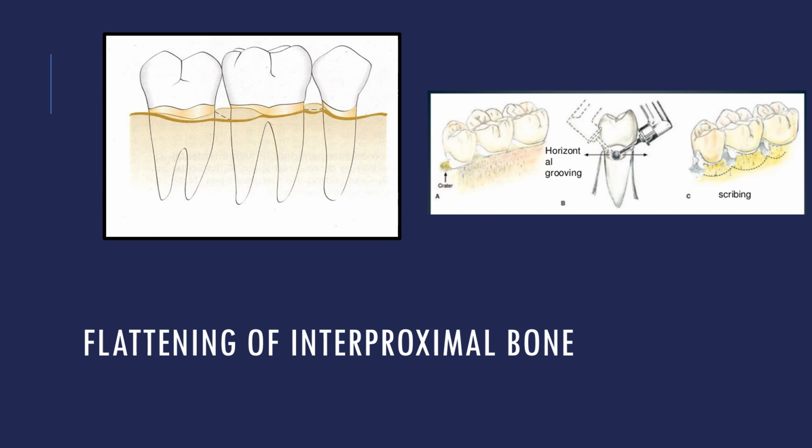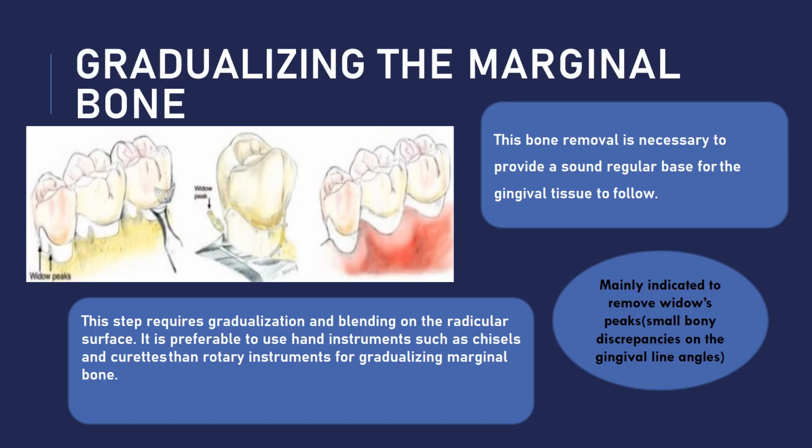Okay, so next coming to the last step, that is gradualizing the marginal bone. This bone removal is necessary to provide a sound regular base for the gingival tissue to follow.